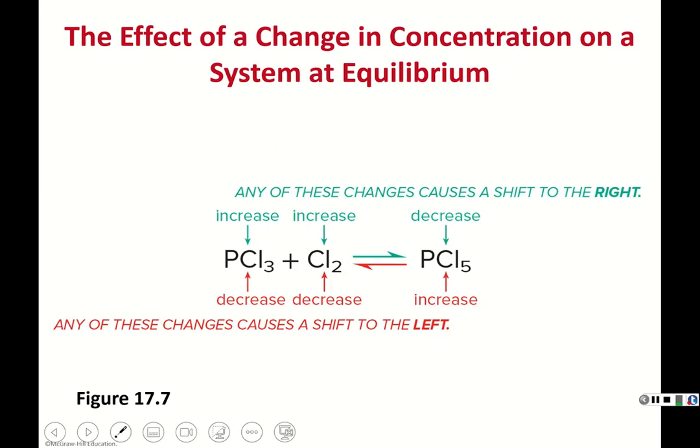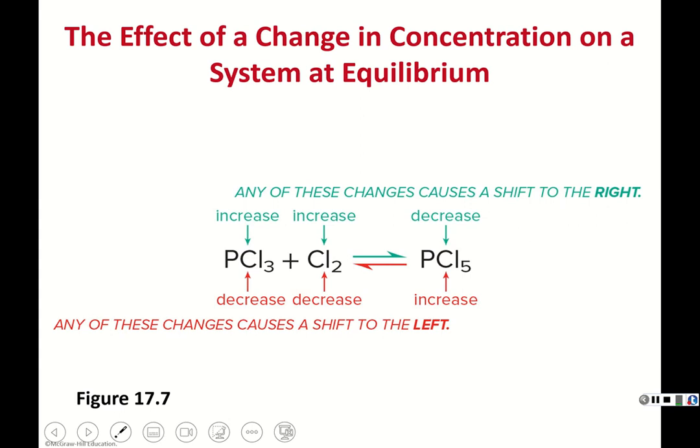So if we look at this reaction, we have PCl3 plus Cl2 in equilibrium with PCl5. If you increase any of the reactants or decrease a product, all of those effects would cause a shift in this equilibrium to the right.